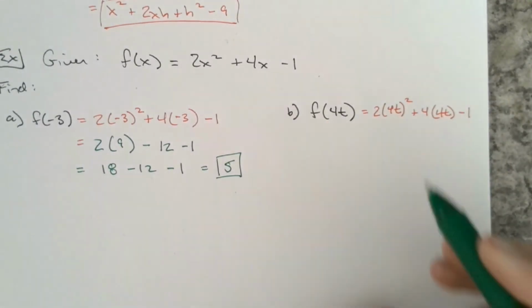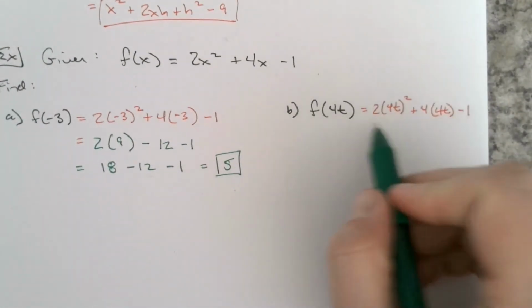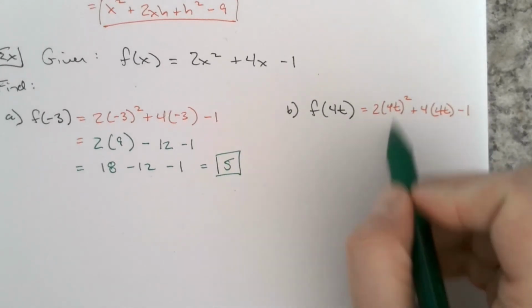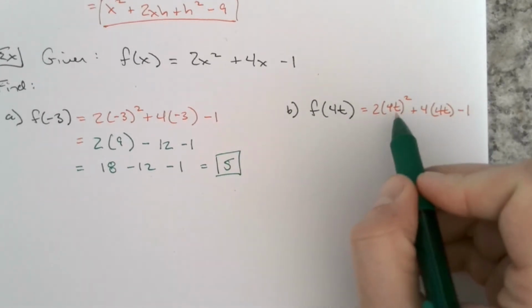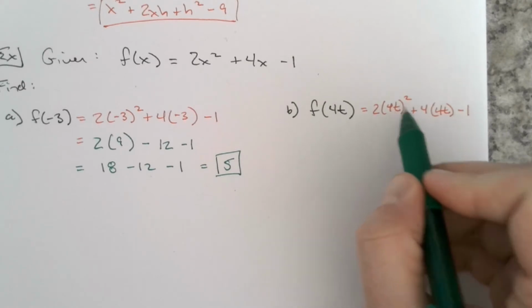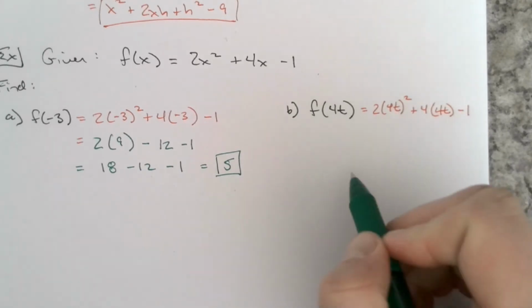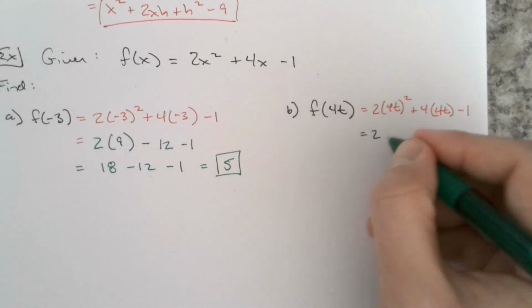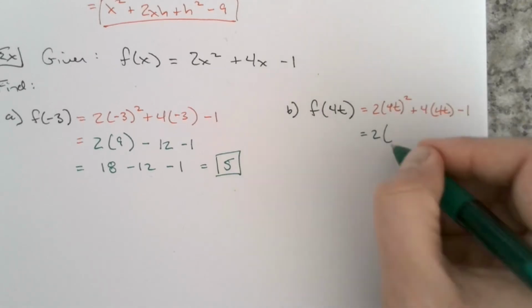Now, again, we're going to follow our order of operations here, so you can't multiply the 2 into here. You have to do the 4t squared first. Now, since there isn't any addition or subtraction in here, you're allowed to square the 4 and square the t individually. So this equals 2 times 4 squared, which gives you 16.